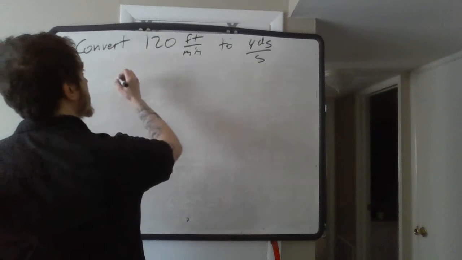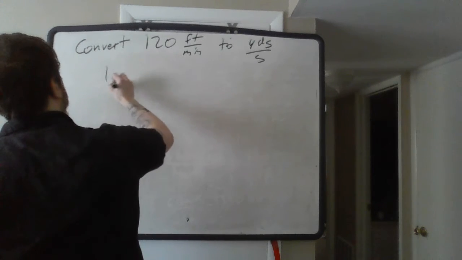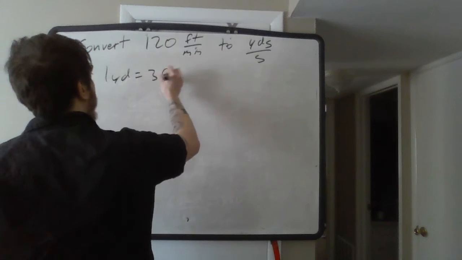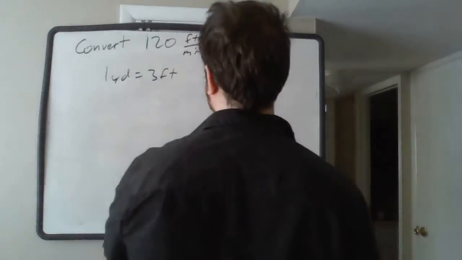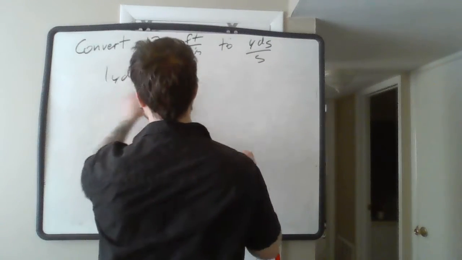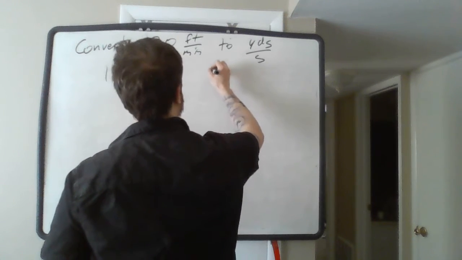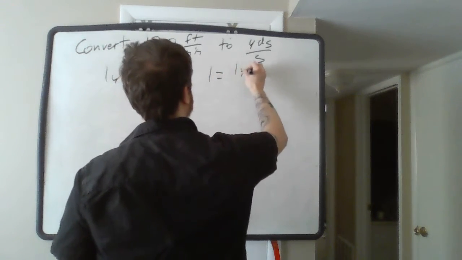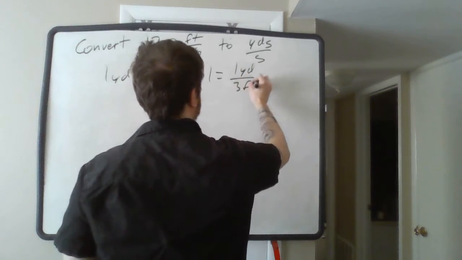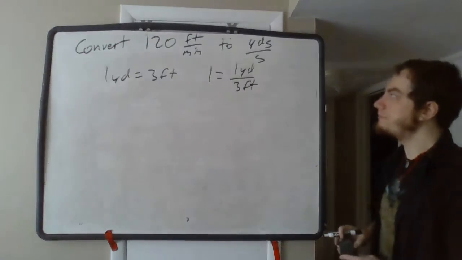So the first thing I want to remember is that 1 yard is equal to 3 feet. So if I want to cancel out feet here from the numerator and get yards, I'm going to need to multiply by 1 yard over 3 feet.